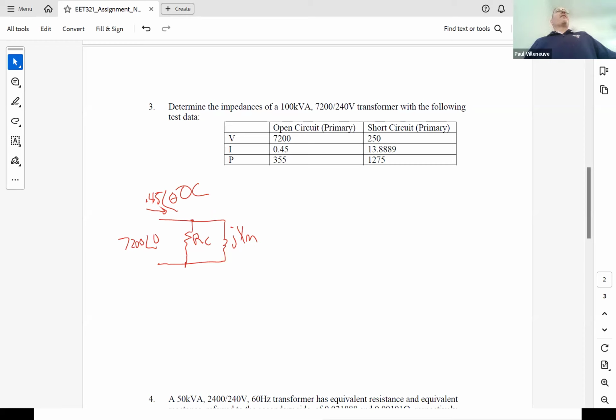What does Eli say? Because the current lags the voltage in an inductor circuit. So how could it be between 0 and positive 90 if it's lagging? Oh, fair enough. Even though there's no leading and lagging of magnitude, whatever.